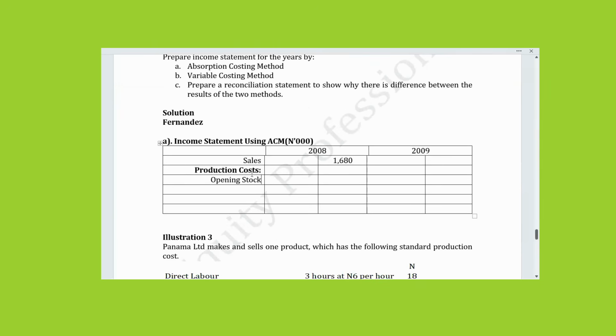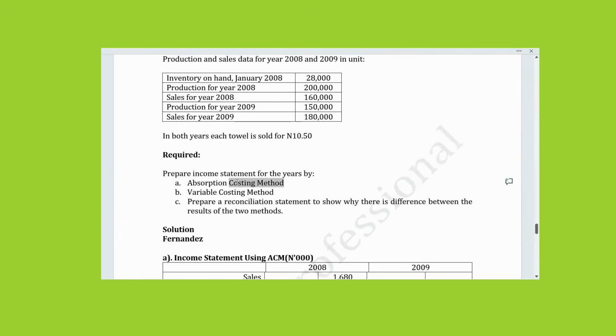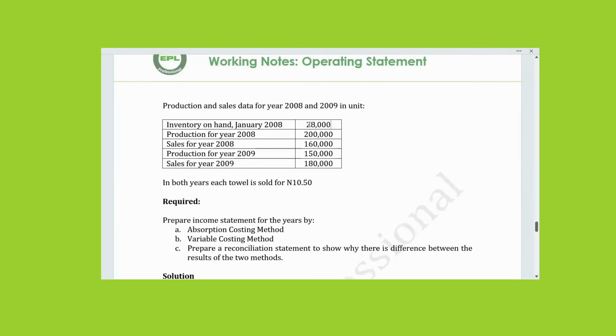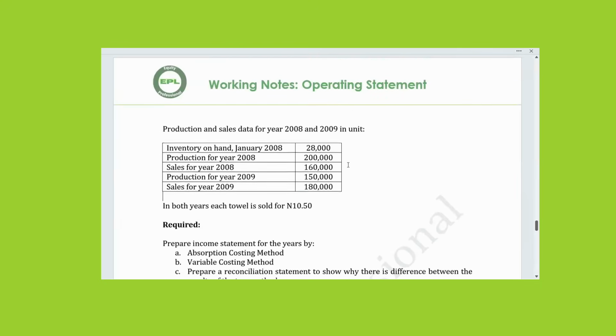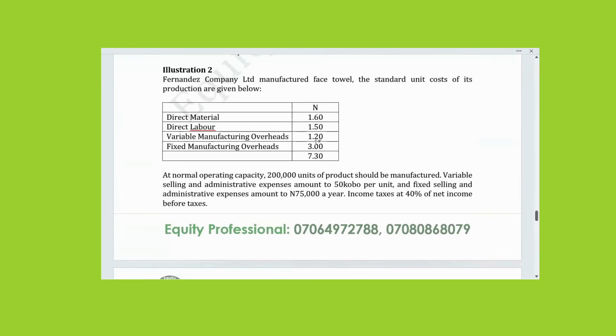How do we determine our opening stock? Remember, we are using absorption costing method. You go to the question. Since we have opening stock of 28,000 units, you multiply that with total cost per unit. According to the question, the total cost per unit is 7 naira 30 kobo. This is direct material, direct labor, variable manufacturing overhead, and fixed manufacturing overhead.